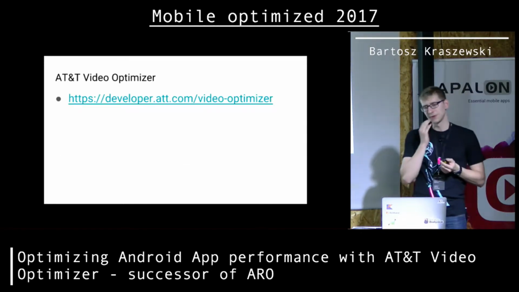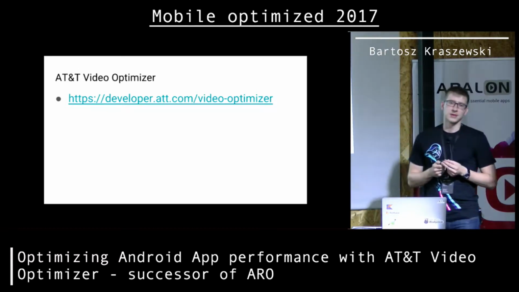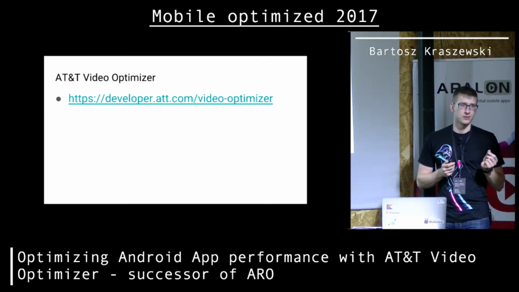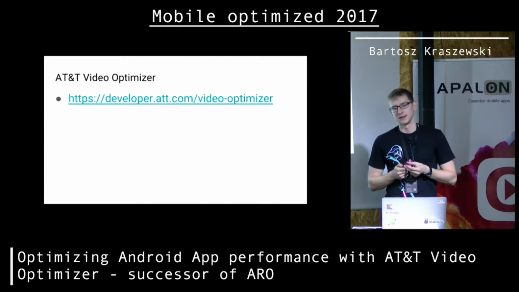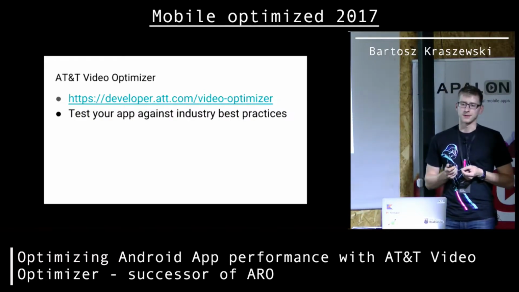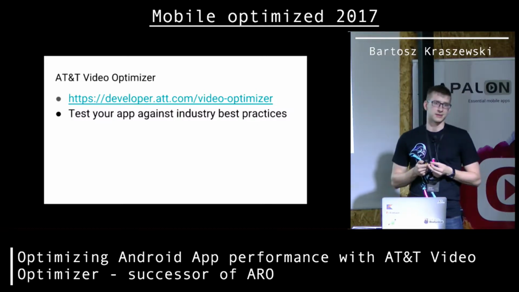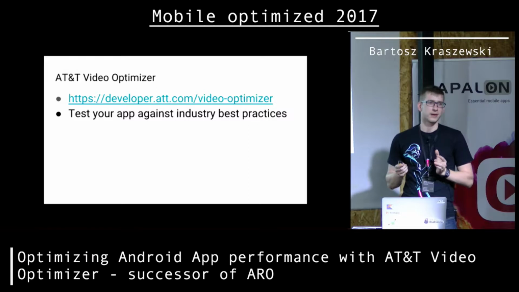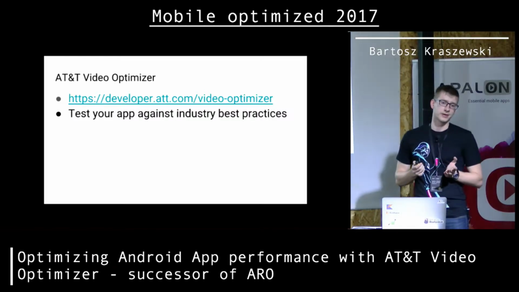The tool I recommend for this is called AT&T Video Optimizer. It was previously known as ARO, Application Resource Optimizer, but it got rebranded by AT&T. You can use it to test your application against industry best practices. All of that is written down by AT&T, and they handle the network stuff, so they know what they are doing.